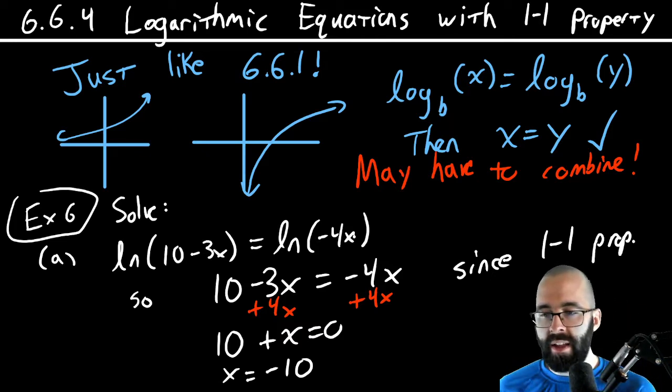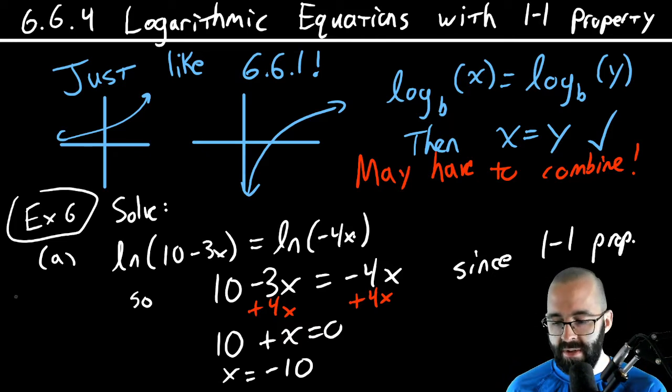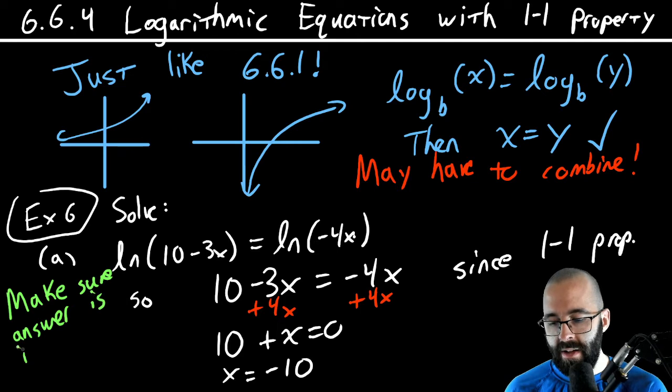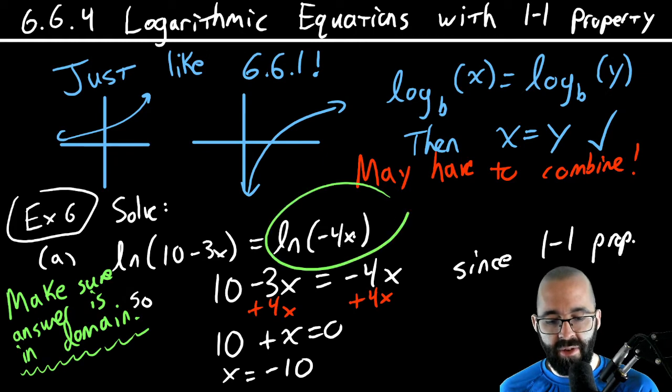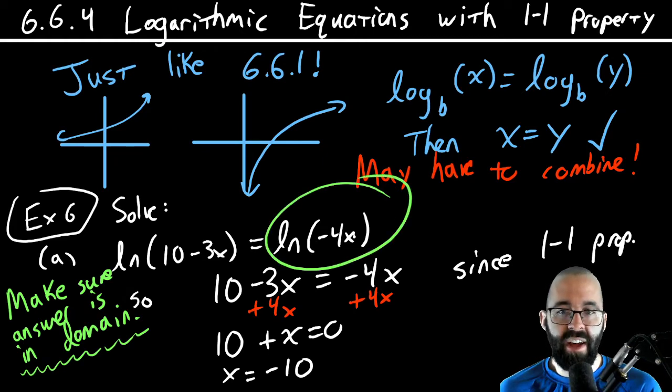The one thing that is going to come into play sometimes is to make sure that our answer is in the domain. It won't come up too often, but it'll come up sometimes. If x were a positive number, for example, there would be a problem. If x were 2, that wouldn't be a solution at all.